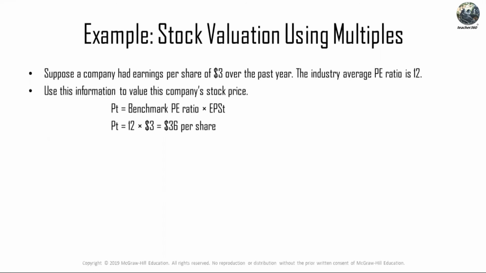Here the formula is PT equals benchmark price earning ratio times earning per share. So your price earning ratio is 12 and earning per share is $3. So you get here $36 stock price.